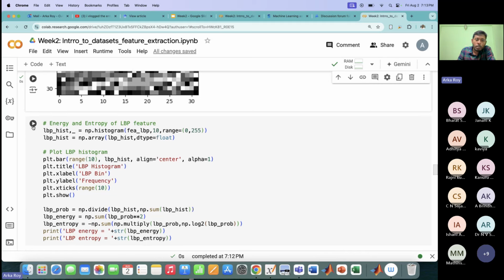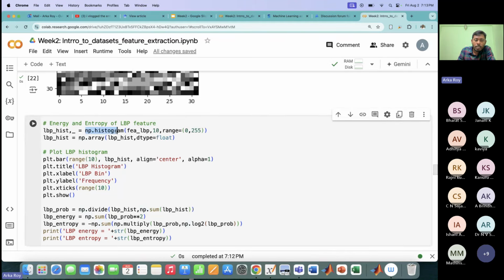To extract the histogram, we have used np.histogram and passed the LBP features, the local binary features. I have used a bin of 10. A bin of 10 basically divides the range. We have the image intensity range 0 to 255, because we already said that the intensity level of a grayscale image starts from 0 to 255.